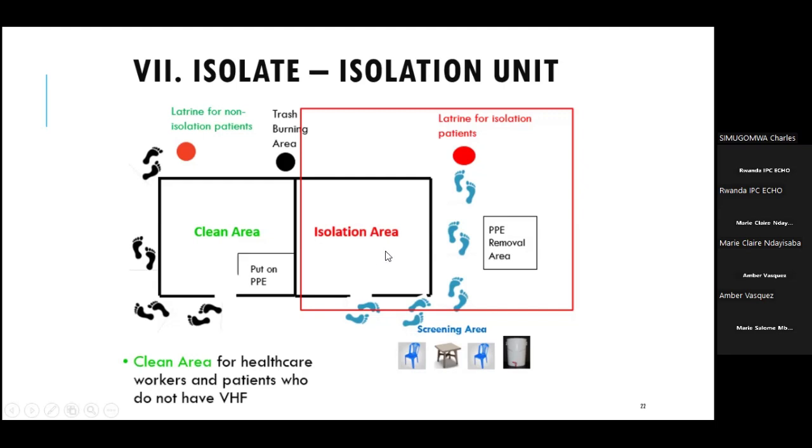Normally, whenever possible, we must have a restriction for caregivers. Whenever someone wants to enter isolation, as long as they are not the patient, they must wear appropriate PPE. And in this red zone, we must also have an area to remove the PPEs as we are going out of the isolation. It is ideal to have a one-way direction in isolation because it is going to limit the spread of the disease.